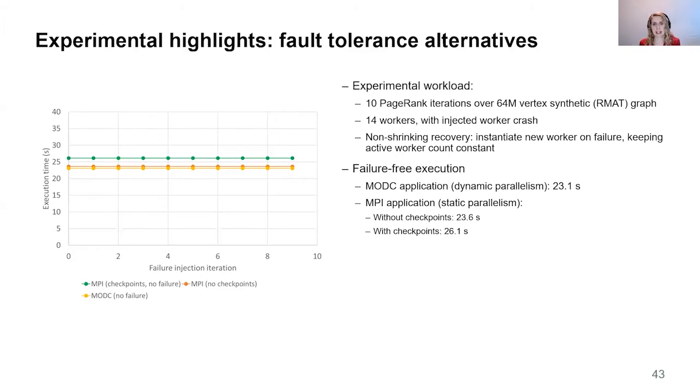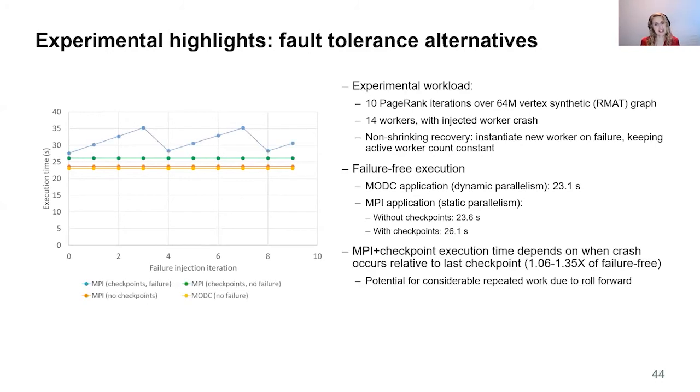What we see is that for failure-free execution, both MODC and MPI without any checkpoints perform comparably to one another. When we add in the checkpoints for the MPI application, there's about a 10% performance hit that is due to the need to checkpoint the dense vector that is used in the sparse matrix vector multiplication operation.